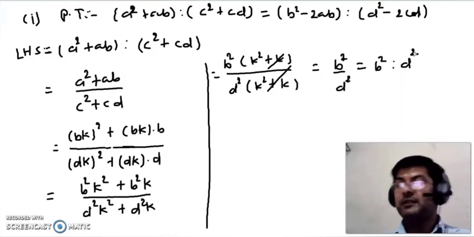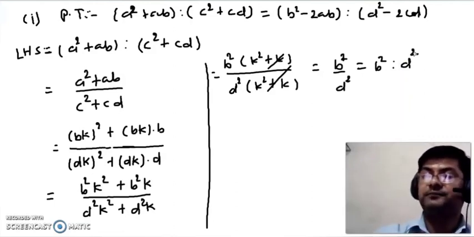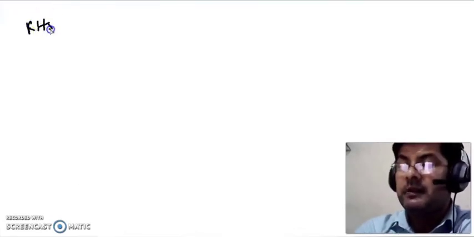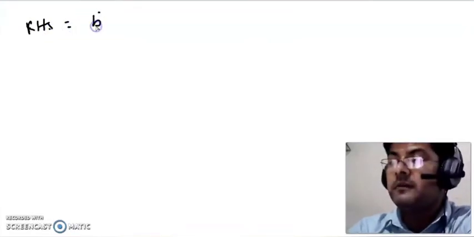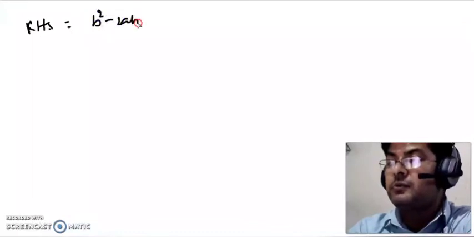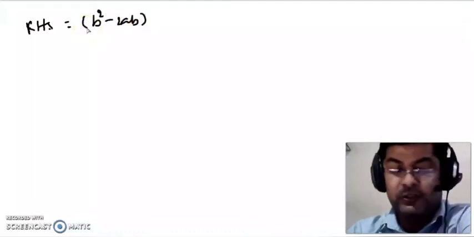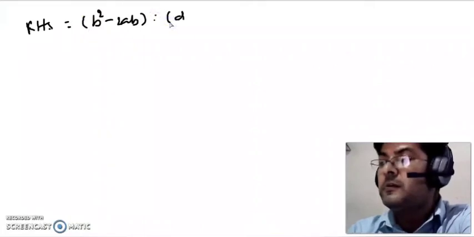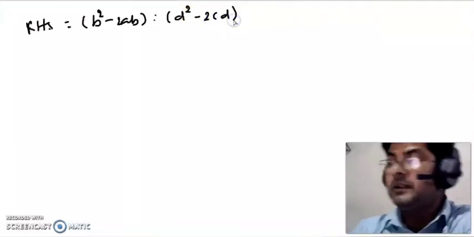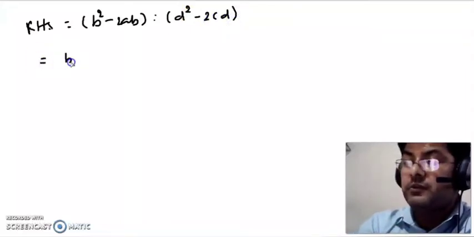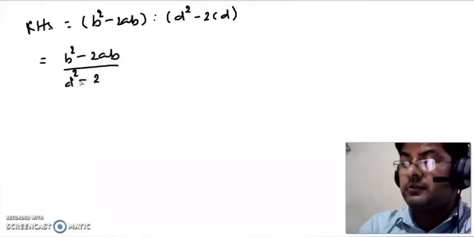Now let us simplify the ratio on the right hand side. Now RHS: we have b square minus 2ab is to d square minus 2cd, which is equal to b square minus 2ab upon d square minus 2cd.